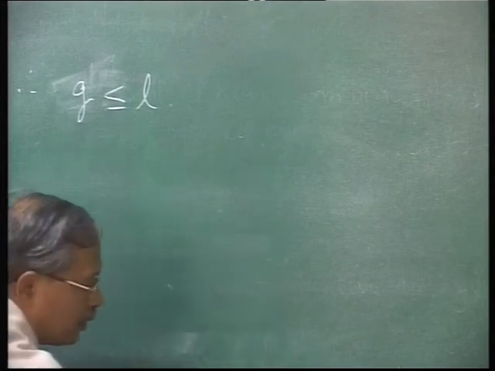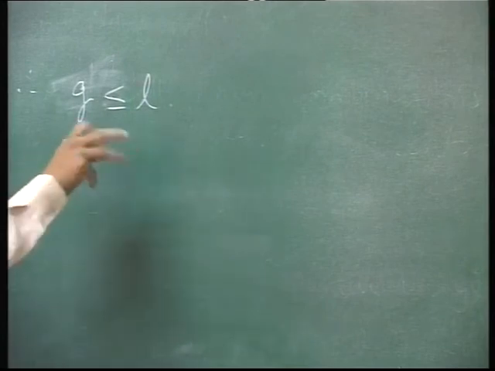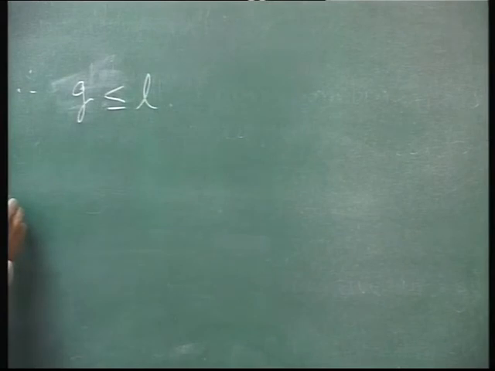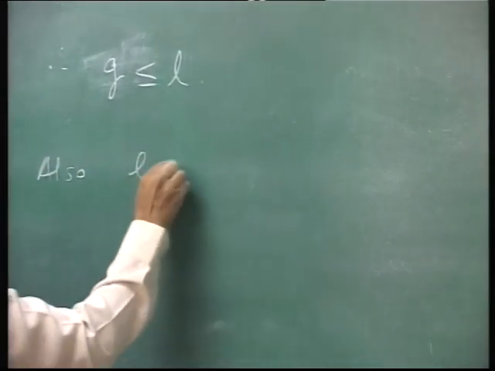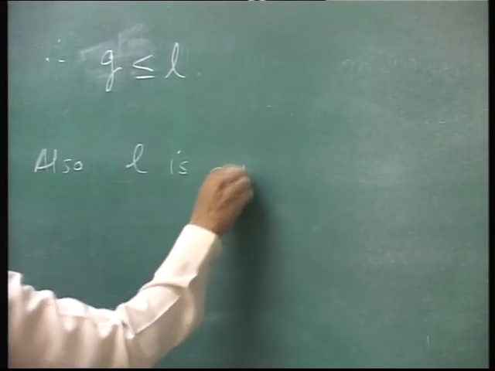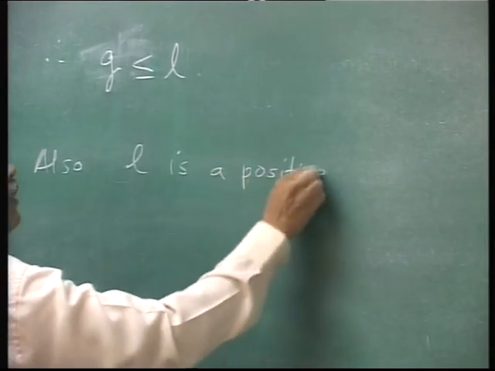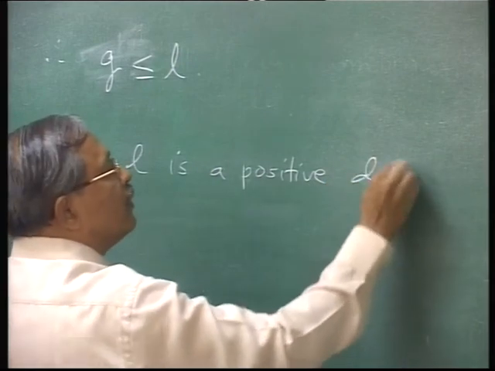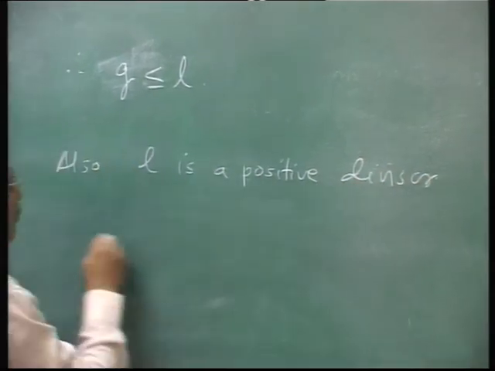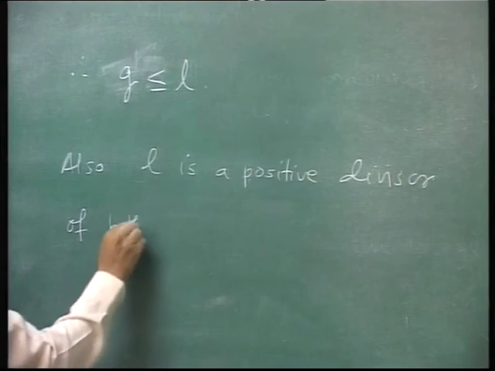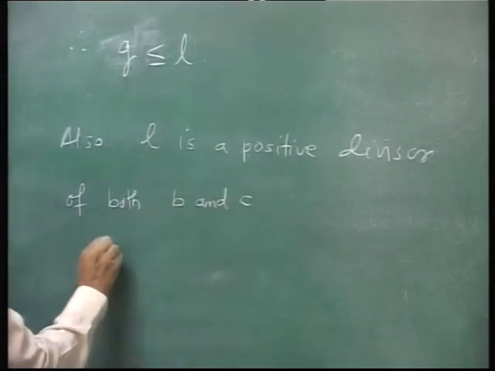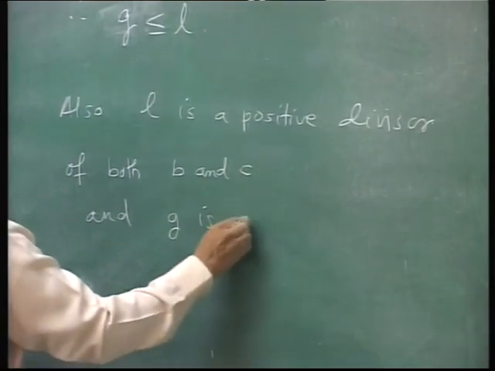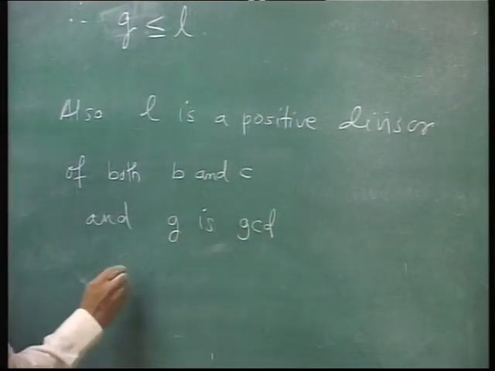What about the other way? The other way also is true, that L is a divisor of both B and C, and G is the GCD. G is greatest.